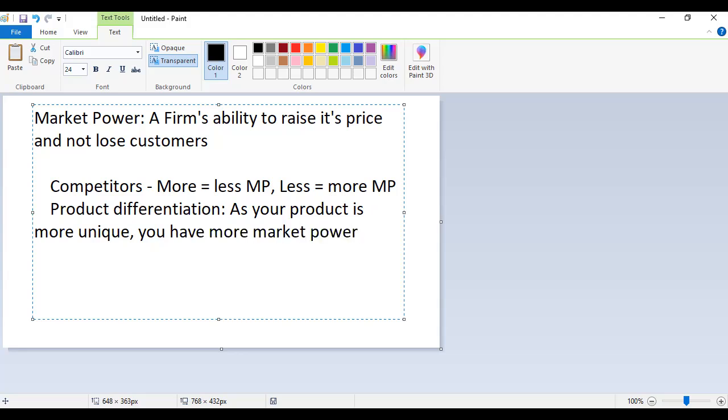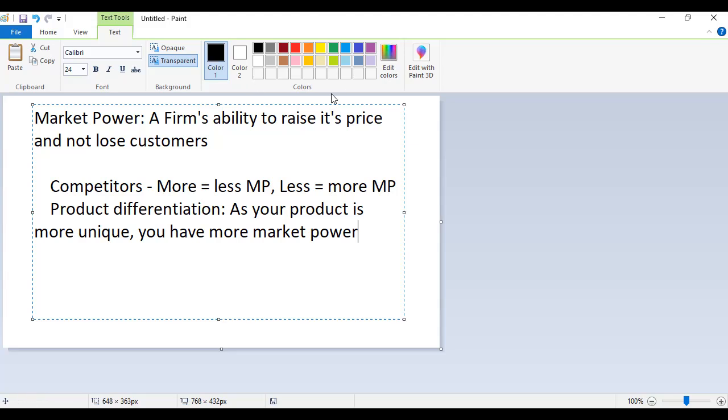An example of this would be, let's say you make a very special type of soft drink. You're the only one that makes it. You obviously have quite a bit of market power because you're the only person that sells your very unique type of drink. Well, let's say you just sell generic water, you have very low market power because there's plenty of other people that can sell water. There's nothing special about yours.